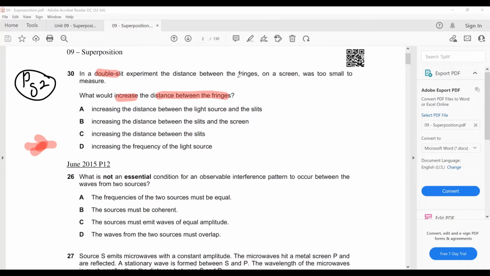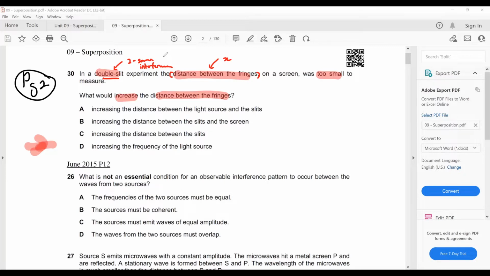So here I know this is a double slit. This will be referring to two source interference. When they say distance between fringes, this will be referring to x.